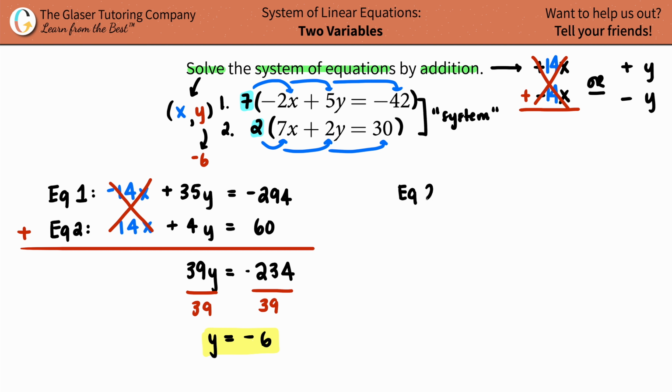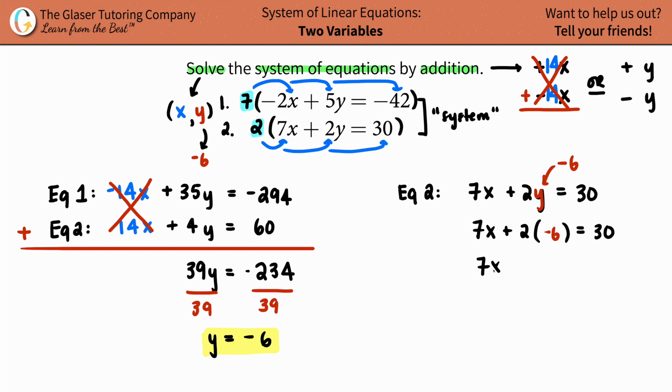So equation 2 was 7x plus 2y equals 30. Now you're going to take that y value and plug in what you solved for, the negative 6. So we got 7x plus 2 times the negative 6, which will equal 30. And then let's see what we get. 7x, this is going to be minus 12 equals 30. So plus 12 on both sides.